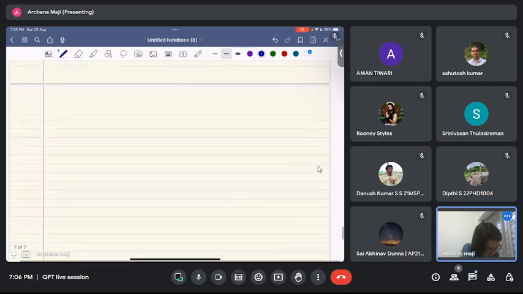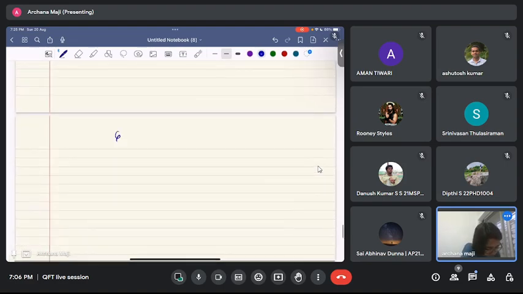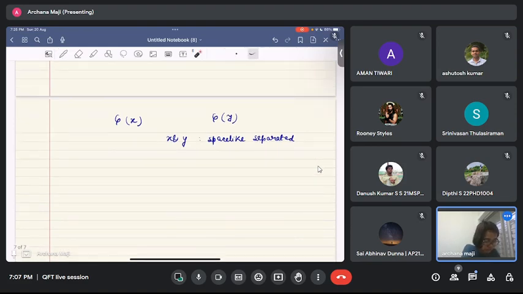Suppose we want to measure the simplest observable that we have, the field, at some space-time location x, and the same observable at some other location y, and x and y are space-like separated. Then the question is whether the measurement of this observable can affect the measurement of that observable.